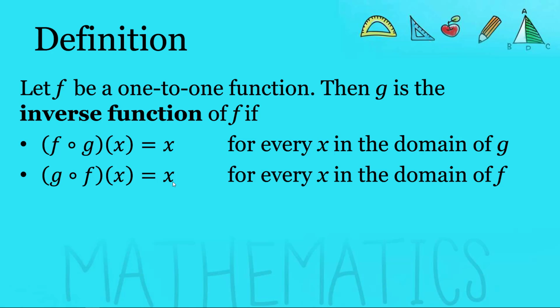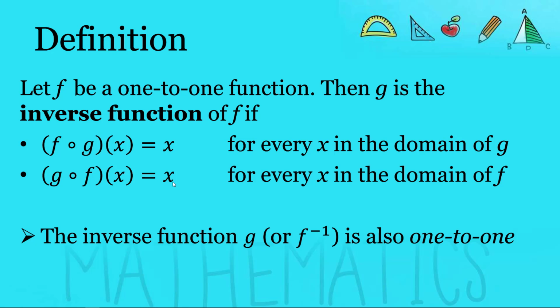Now, what if you tried to get an inverse for a function that is not one-to-one? Well, it turns out that functions that are not one-to-one also have inverses, but those inverses will not be functions. And that is the problem, because we want to restrict ourselves to functions.